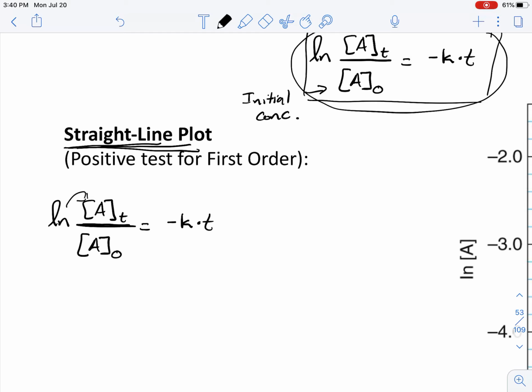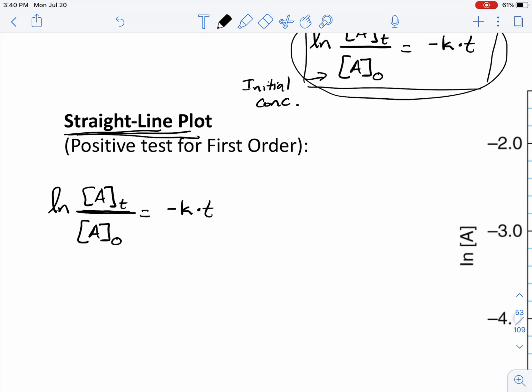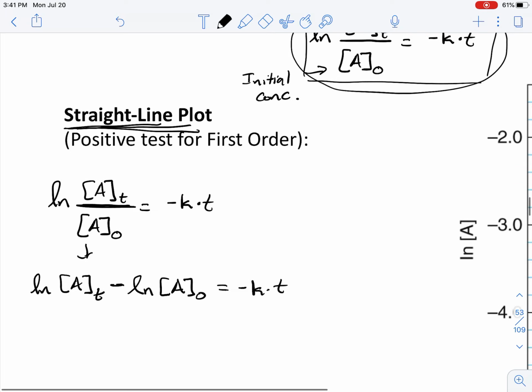If you are familiar with the properties of natural log, if you're dividing two items, you can subtract them through expansion. And so the natural log of A sub t at any given time period minus the natural log of the initial concentration is equal to negative k times t.